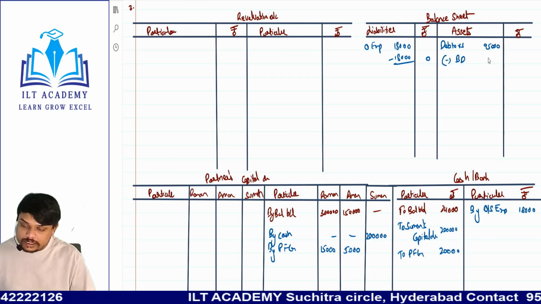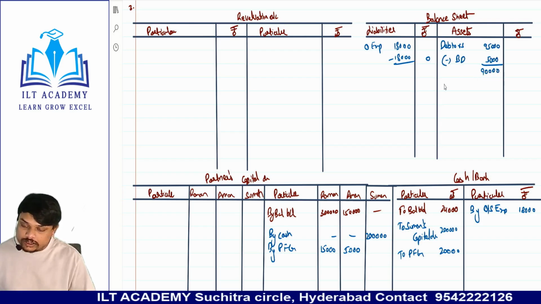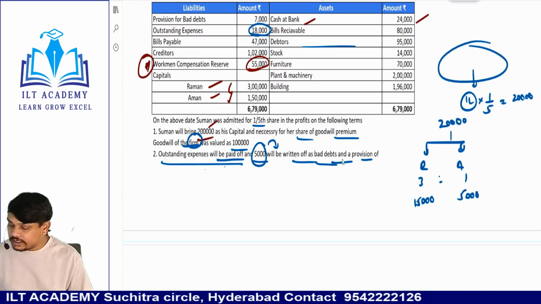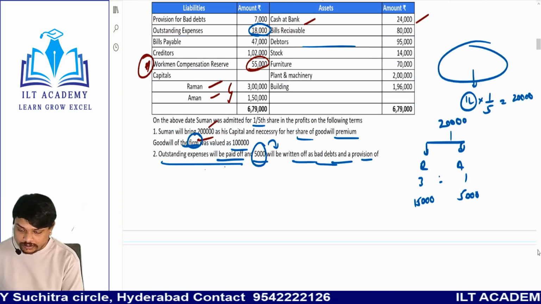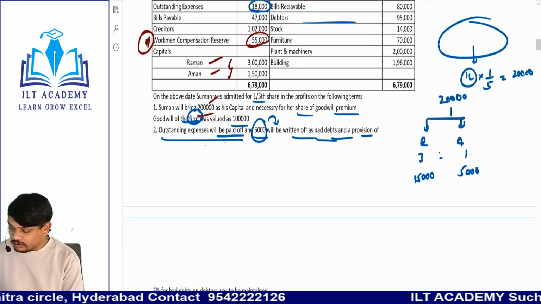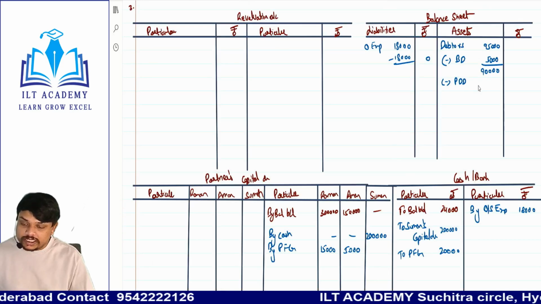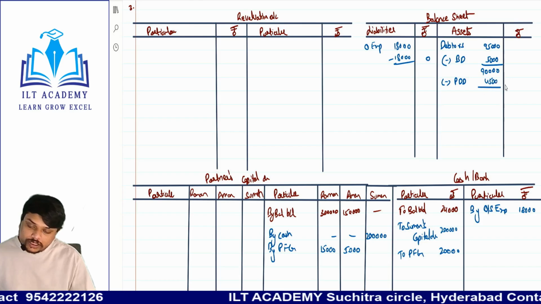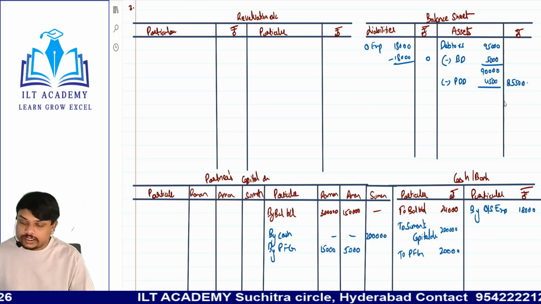Yes, bad debts is 5,000. 90,000 minus the provision which will be created at 5%. 90,000 into 5% is 4,500, which gives 85,500. Perfect.